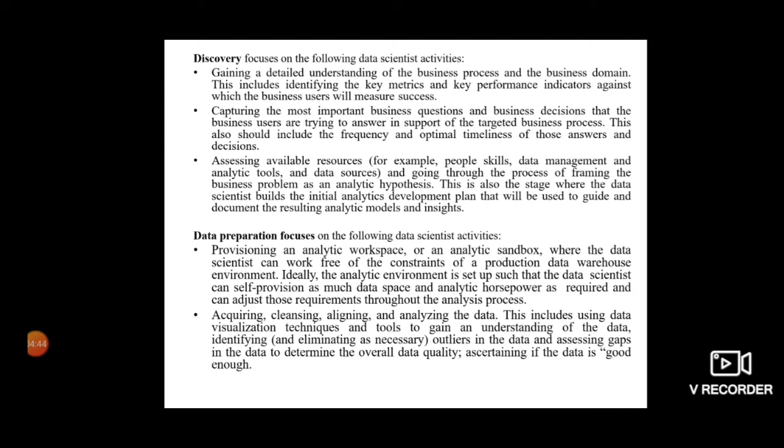Then the data scientist has to recognize the outliers in the data and calculate the gaps in the data to decide the overall quality of the data, for determining if the data is good enough or not. Then the data scientist has to transform and enhance that data.